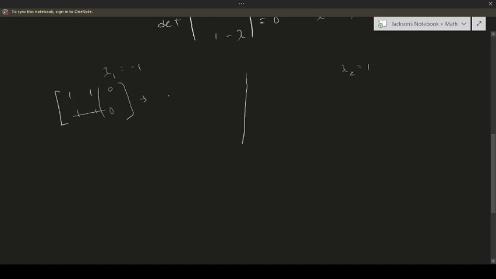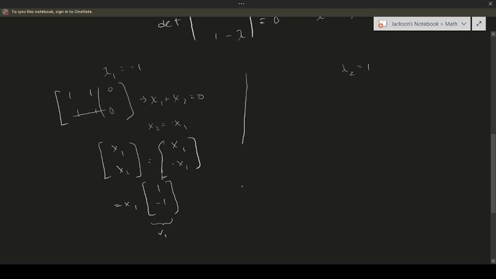That can cancel out, and so we end up with x1 plus x2 is equal to 0, so x2 is equal to negative x1, and then just plug that into our solution vector. Just like that. And so then this is v1.